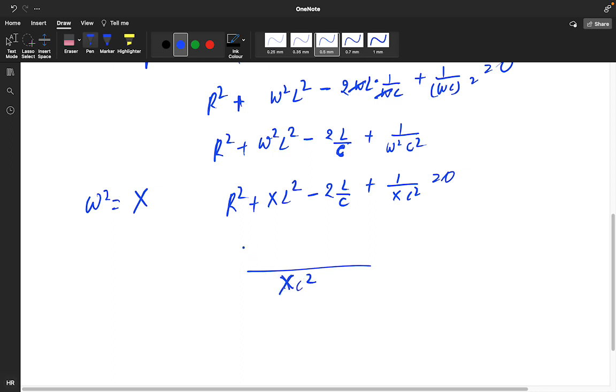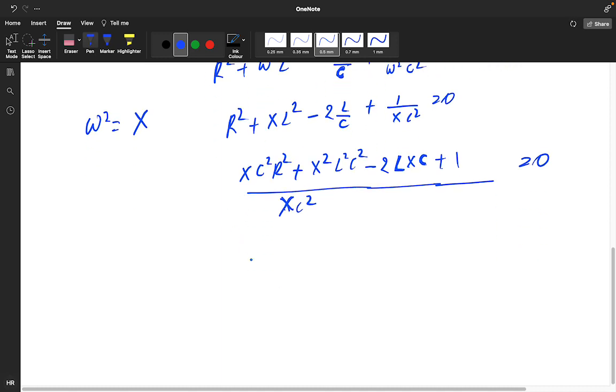So what you will get? x C square R square plus x square L square C square minus 2 L C x C... plus 1, and it is equal to 0.